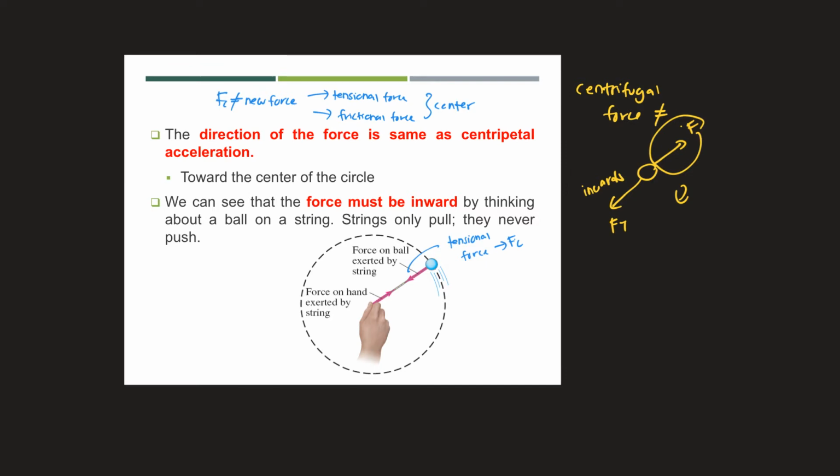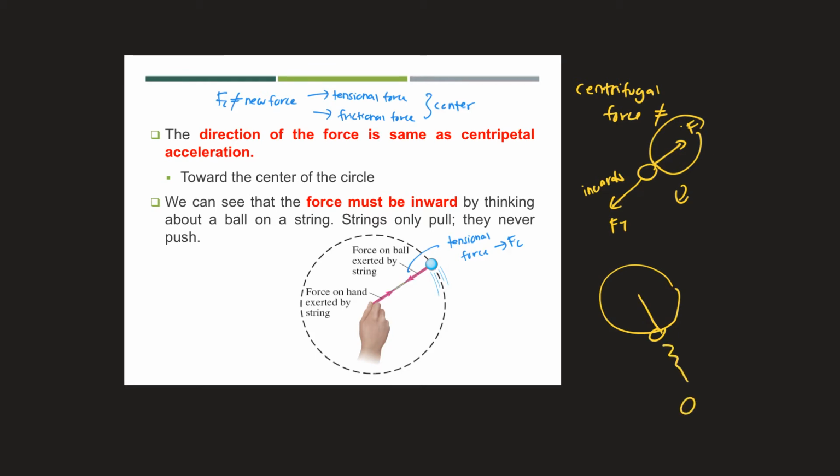So this outward force does not come from nowhere. It's basically based on Newton's law: every action has a reaction. If centrifugal force existed, then when you swing a ball and release it, meaning you no longer give any tensional force, the ball would move outward like that, but it doesn't happen.